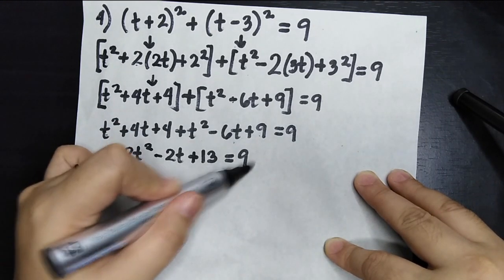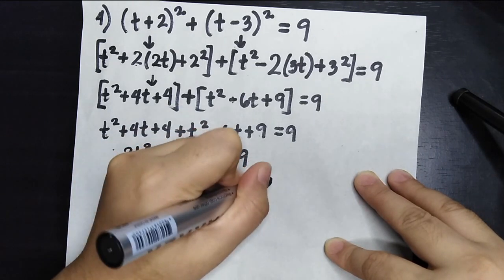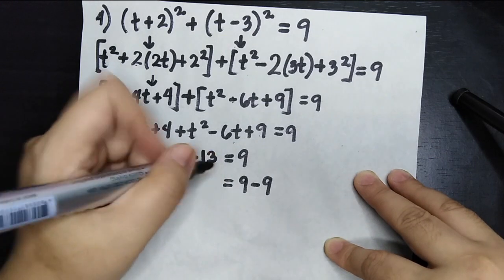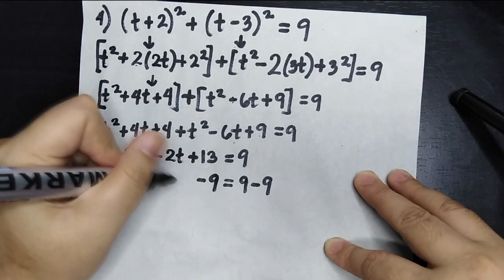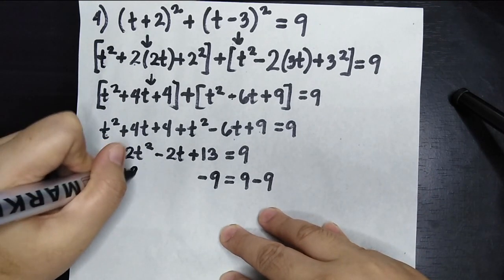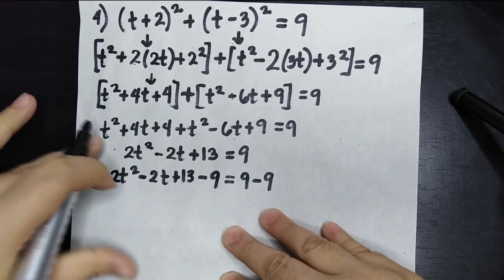Okay, so dapat gawin muna natin tong 0. Now to make that 0, we have 9 minus 9, and whatever we do here, again, we do it to the other side of the equation. So that will be minus 9, and then just copy. So we have 2t squared minus 2t plus 13.